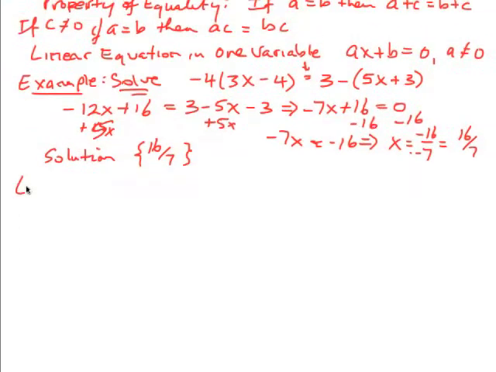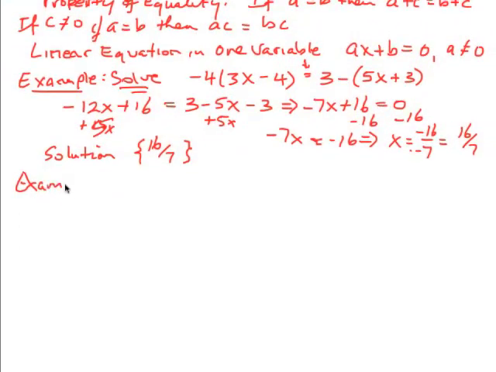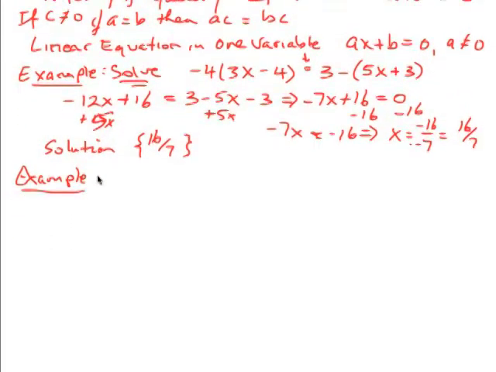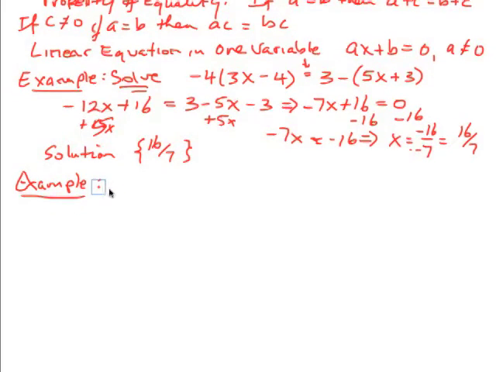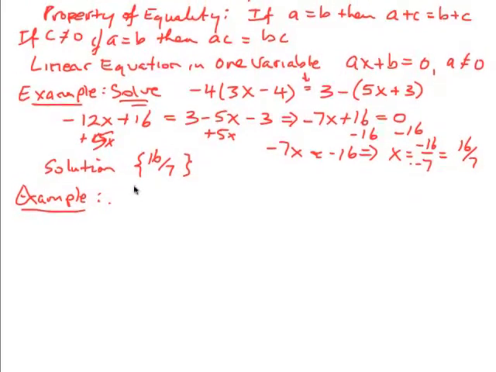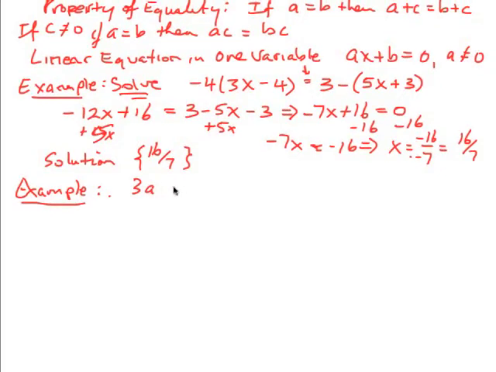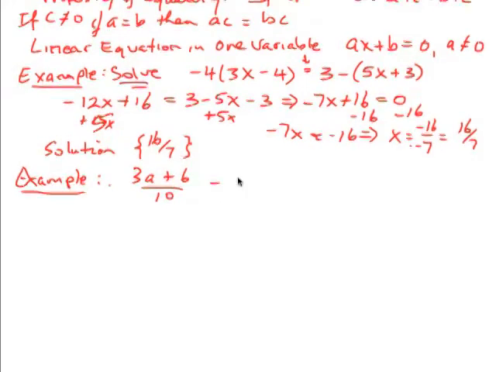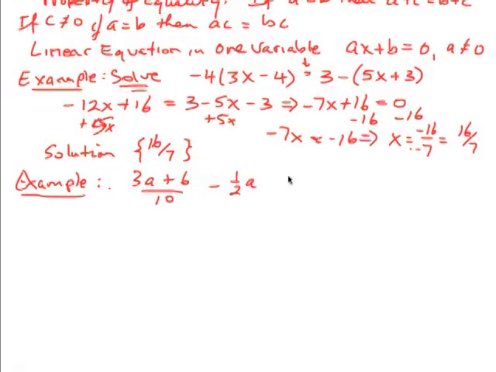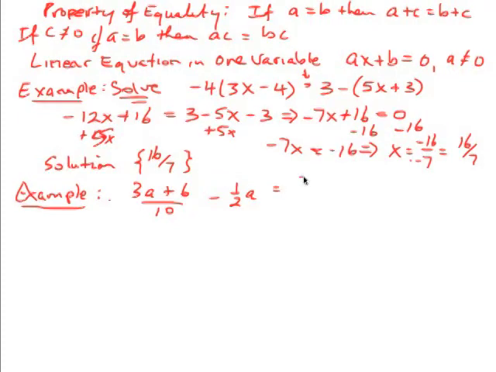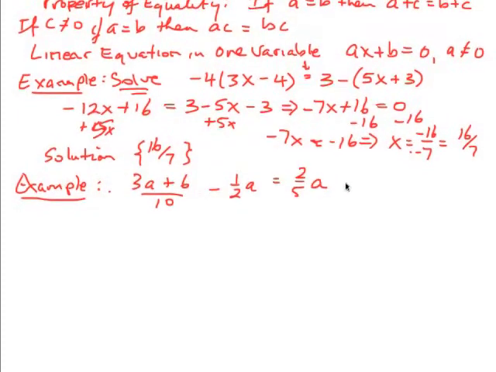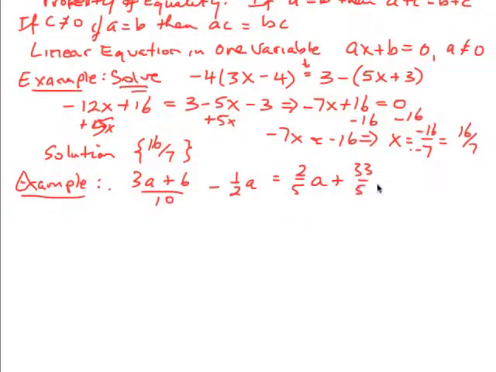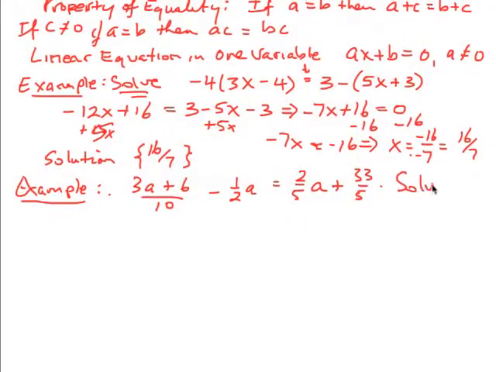Now, they're not always simple with these kind of integer numbers. Sometimes we have fractions involved. So for example, let's suppose I have 3a plus 6 over 10 minus a half a is equal to 2 on 5a plus 33 on 5, and we want to solve this.